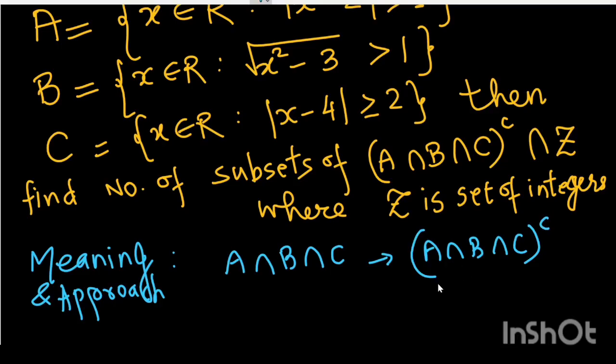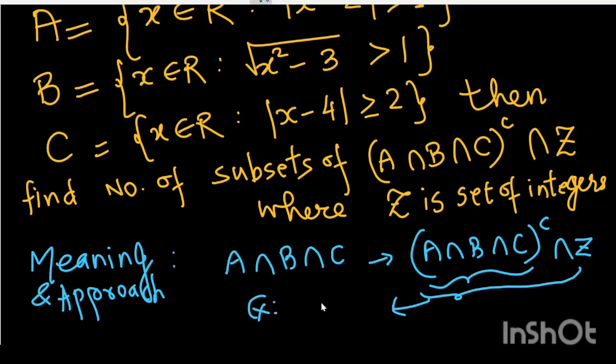After finding this set, we will take its intersection with the set of integers. Now after taking this intersection with Z, let's say for example the number came out to be 3 for example.